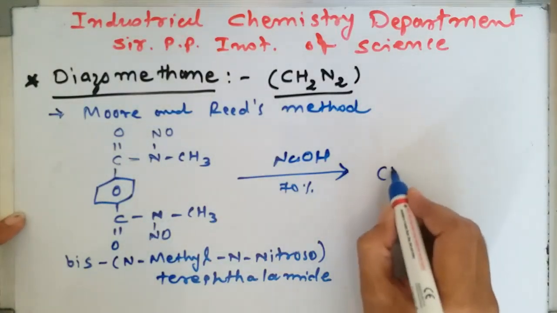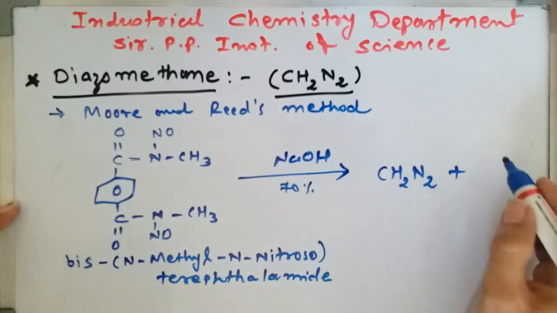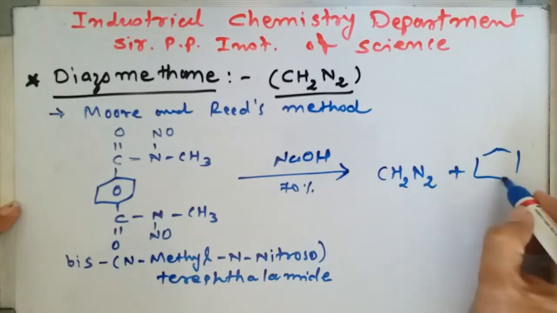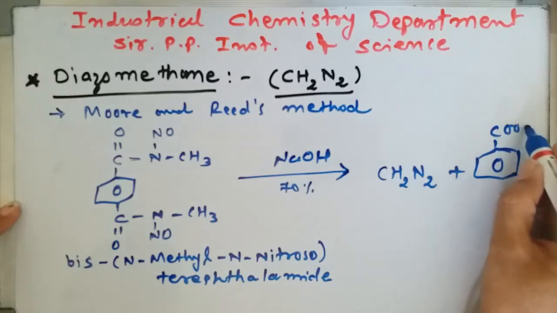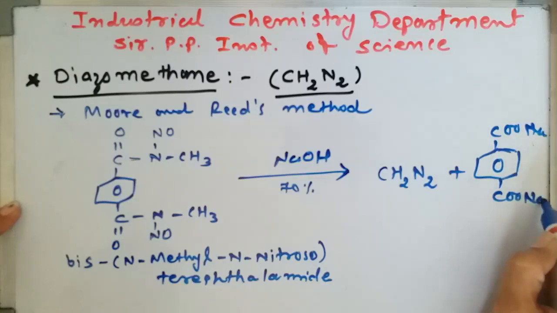So we get CH2N2 and the sodium salt of terephthalic acid.